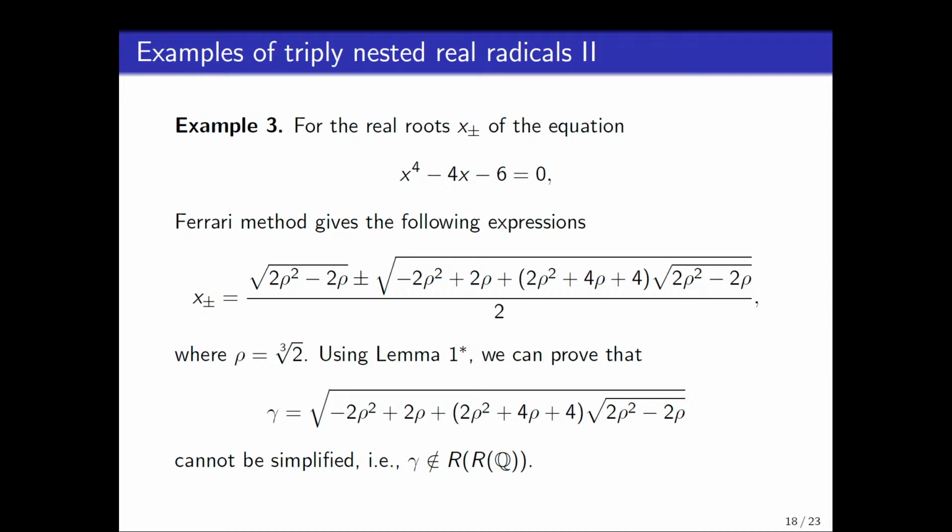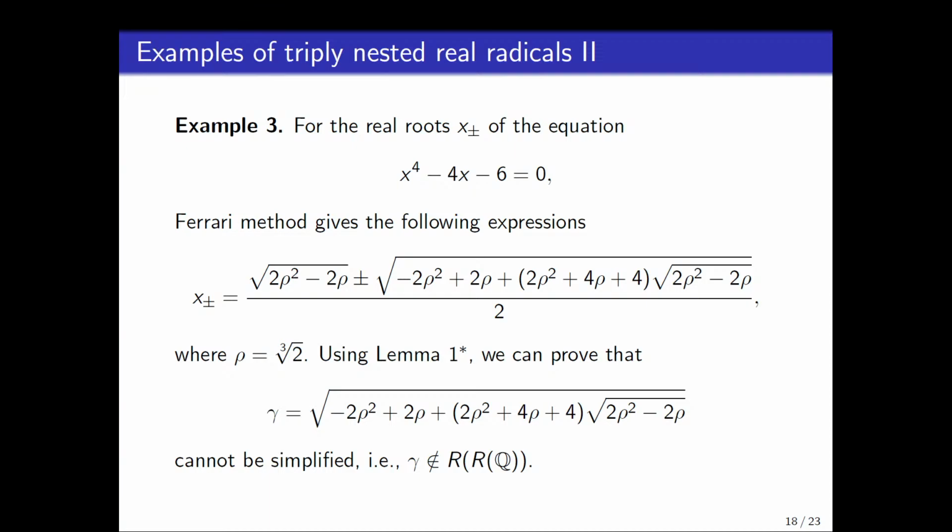Another example: consider the equation x to the fourth minus 4x minus 6 equals 0. Using the Ferrari method we can arrive at the second formula for the real roots of this equation, where rho is the cubic root of 2.